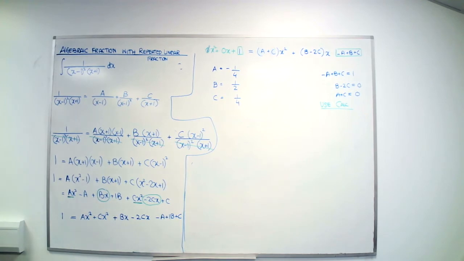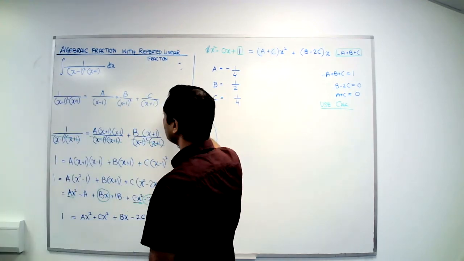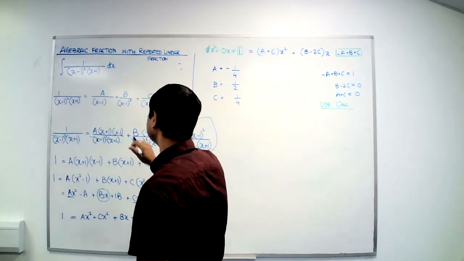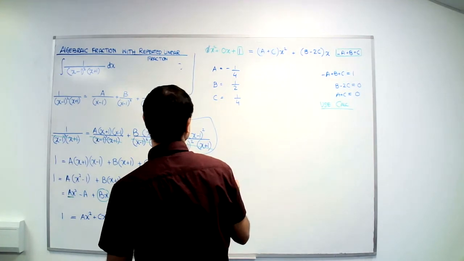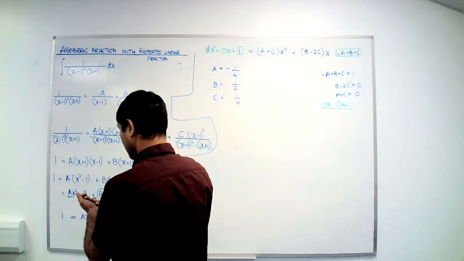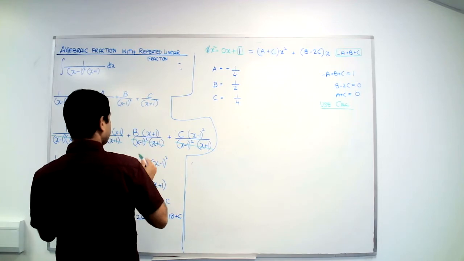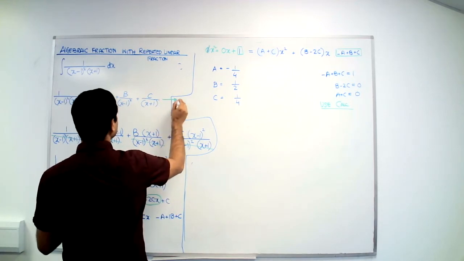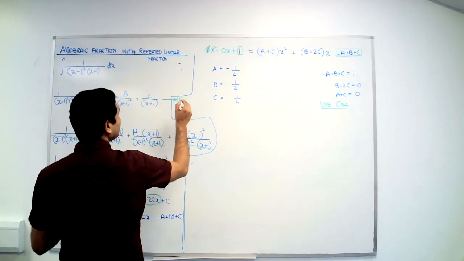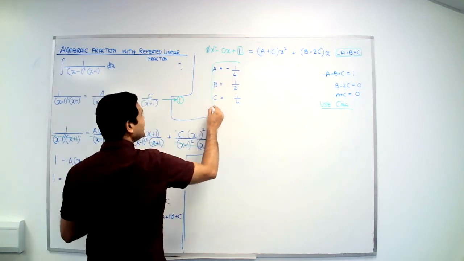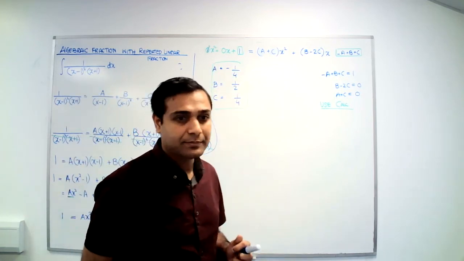Now, what you need to do is, when you got these three values, you need to put it back in this equation. Let me just call this one equation 1. So I'm just going to put all these values in that equation.